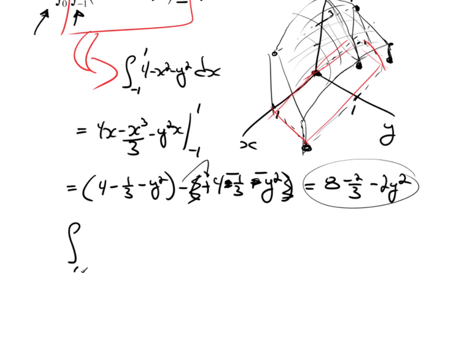So I will integrate from 0 to 1 of 8 minus 2/3 minus 2y squared dy. And of course you're probably thinking, why didn't I combine these? Well, probably should have. This is going to be 24 minus 2, which is 22 over 3. So let's just go ahead and make that 22 over 3.